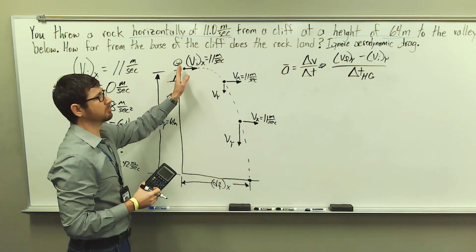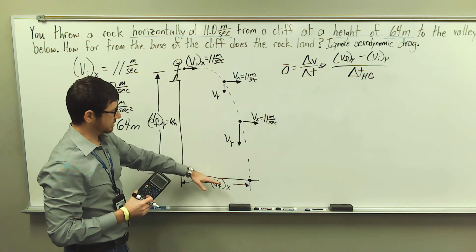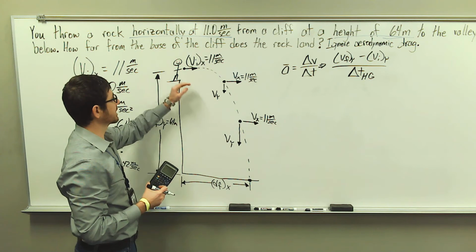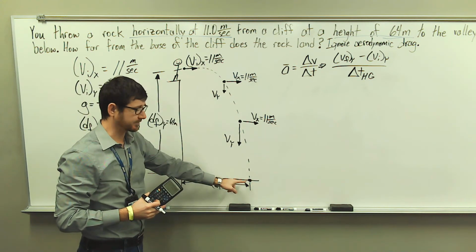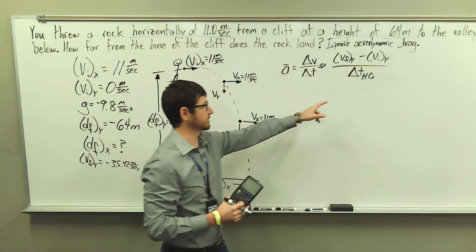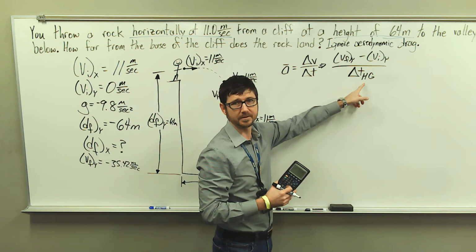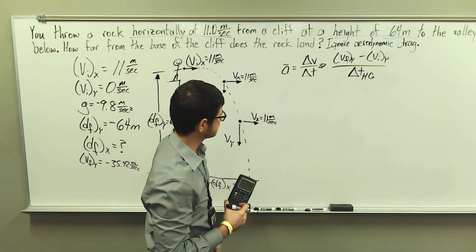So the moment you release it, we need how long it's going to take to hit the ground. Right as you release it, how long does it take for the rock to hit the ground? And so that is what my subscript here, hg, represents.